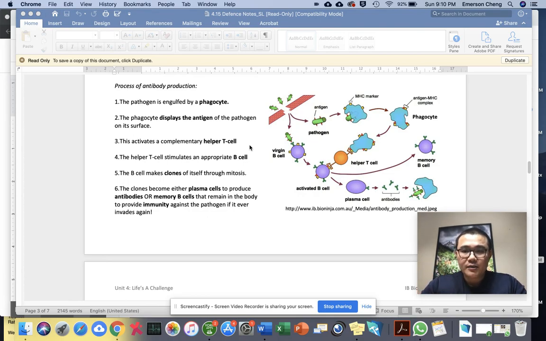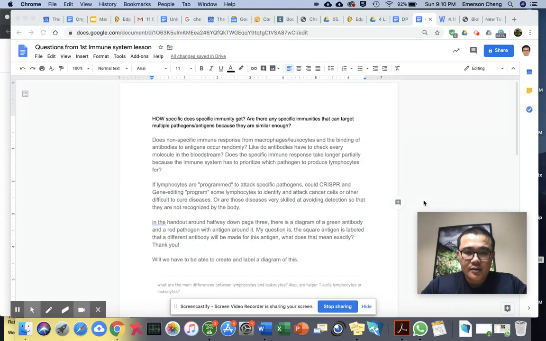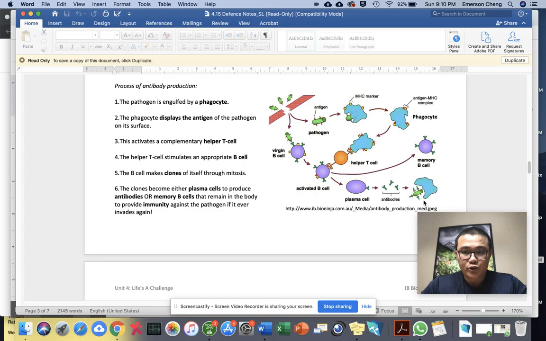The specific immune response takes longer because you have to go through more steps. If it is a secondary response, i.e., you've seen this virus or bacteria before, and now your memory B cell kicks in, that will be so much faster. The response will also be so much stronger too.